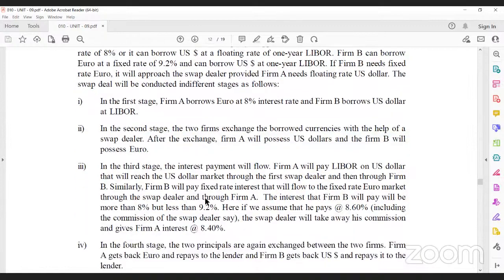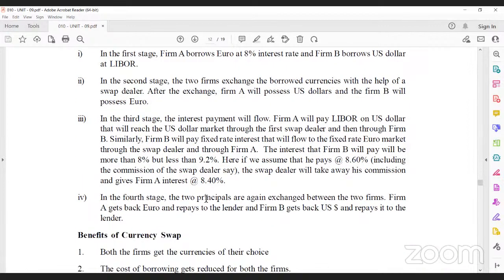See here. Stage 1: Firm A borrows euro at 8% interest rate and firm B borrows US dollar at LIBOR. In the second stage, the two firms exchange the borrowed currency with the help of a swap dealer. A dealer will be acting as an intermediary, the swap dealer. After the exchange, firm A will possess US dollars and B will possess the euros.